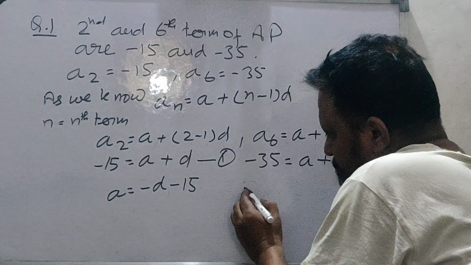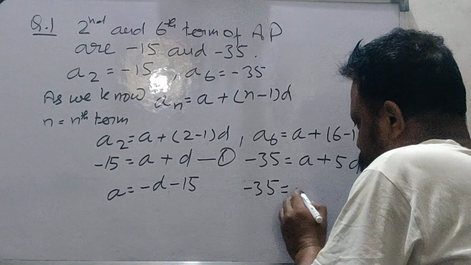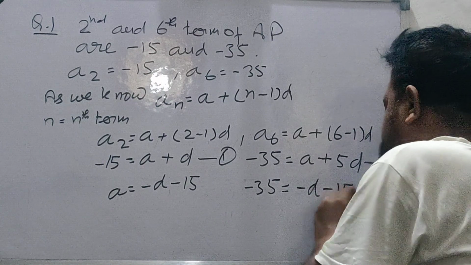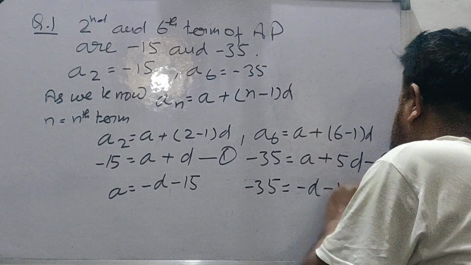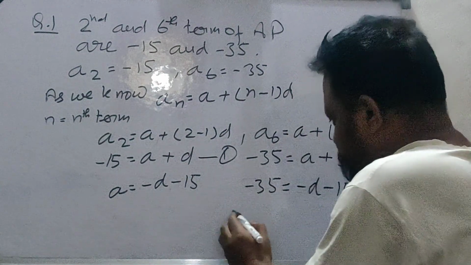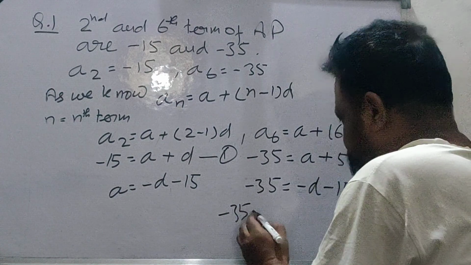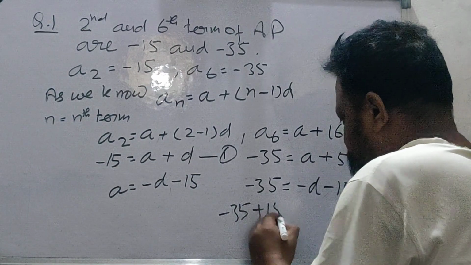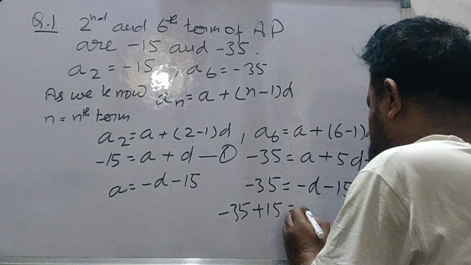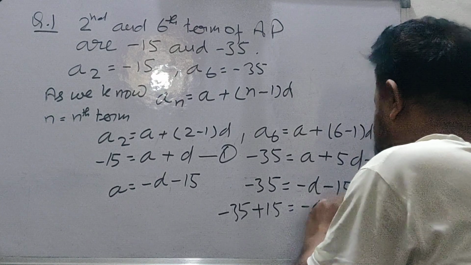So it becomes minus 35 is equal to minus D minus 15 plus 5D. So minus 35 plus 15 is equal to minus D plus 5D.